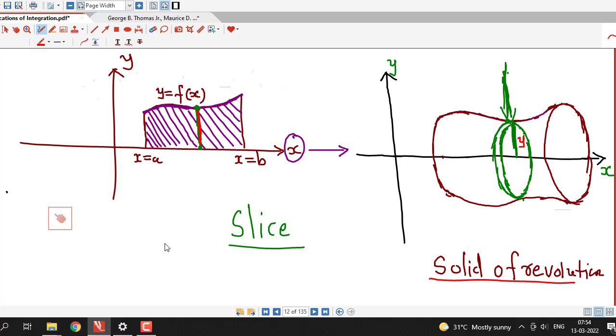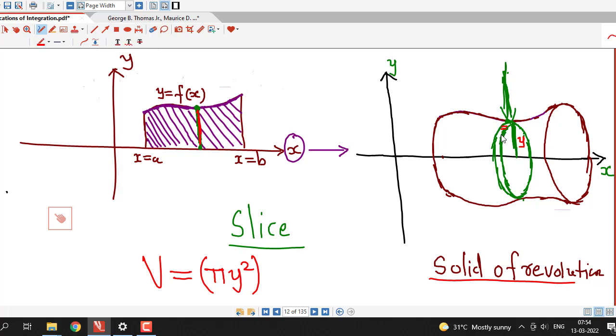Now we know that because we are having a circular disc, its volume is going to be base area, that is the area of the circle with radius y, which is pi times y square, because y is the radius, into height or thickness of the disc.